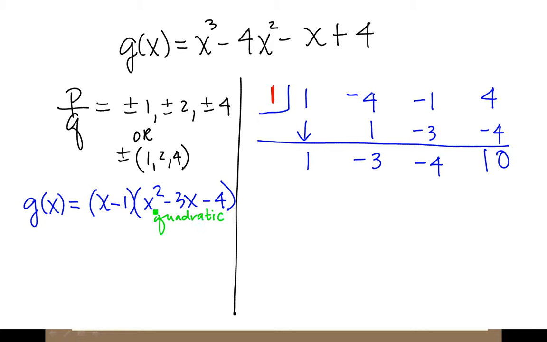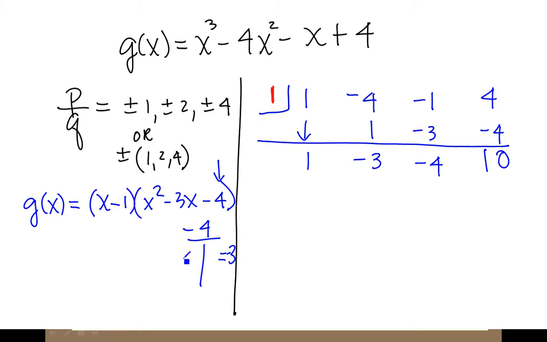So we need to get all of these factors to be linear. So this x minus 1 is linear, but this is quadratic. So we've got to break it up so that it's just x to the first power. So what are factors of negative 4 that if you add them will give you negative 3?